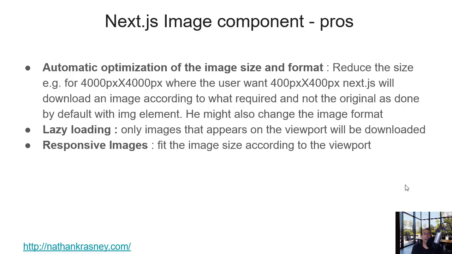If you are using Next.js, it will load only what appears in the viewport, and if you scroll down to the next 5, then it will download them. And also, Next.js image supports responsiveness out of the box, and this is also very convenient.